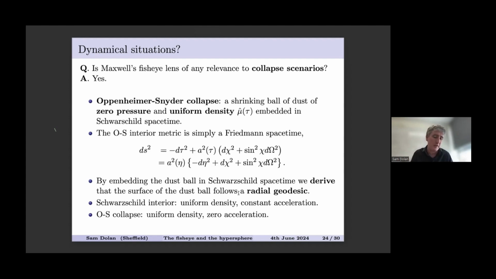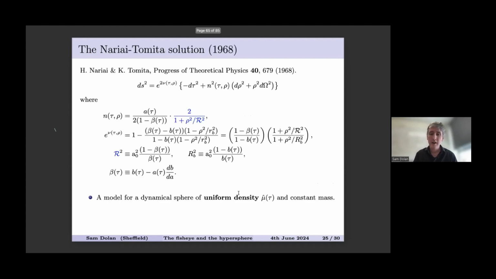But here we've got Oppenheimer-Snyder collapse, where we've got uniform density through the sphere, but 0 proper acceleration of the surface. In other words, nothing is resisting collapse, and the surface is following a radial geodesic with 0 proper acceleration. So now we ask the question, are these 2 well-known spacetimes part of some larger family of spacetimes of uniform density? And again, the answer appears to be yes.